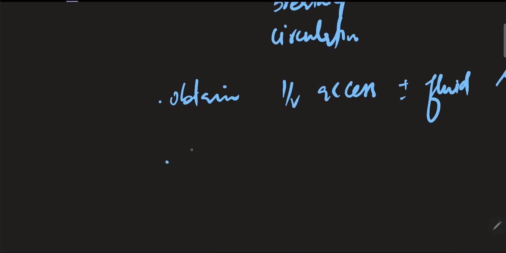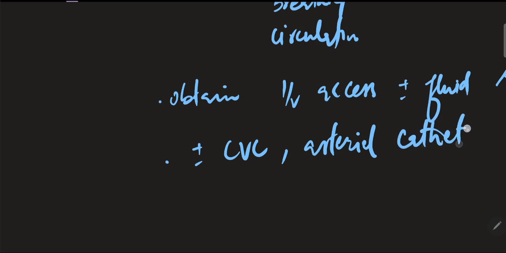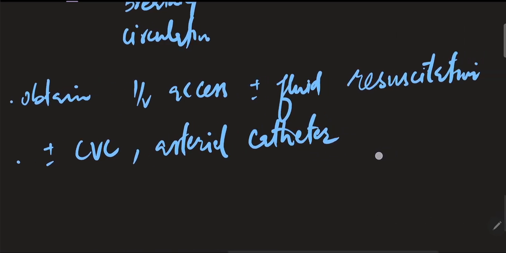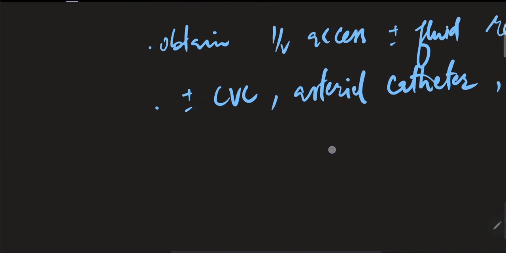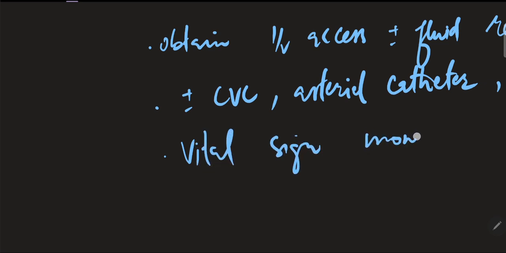And then sometimes a central venous catheter may be needed, an arterial catheter may be needed, or a peripheral arterial catheter can be needed. So we'll be doing vital sign monitoring, right?